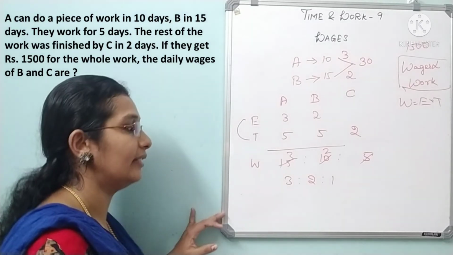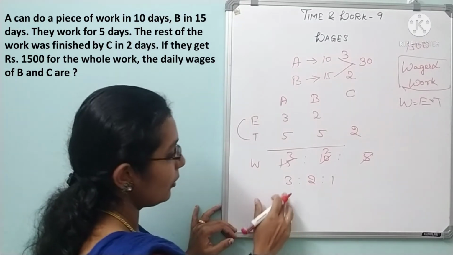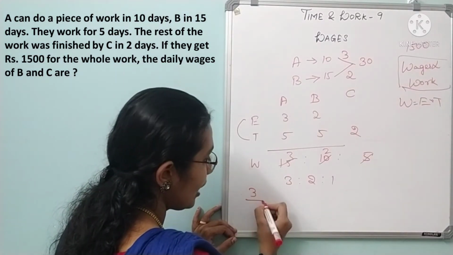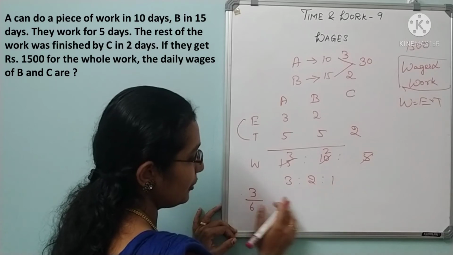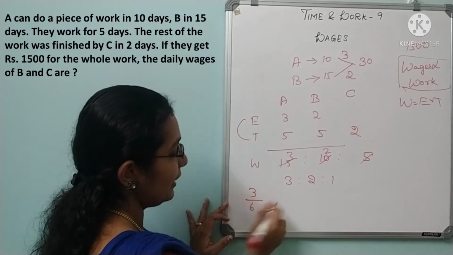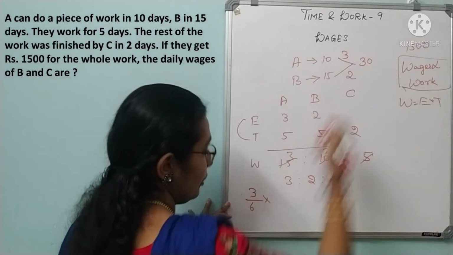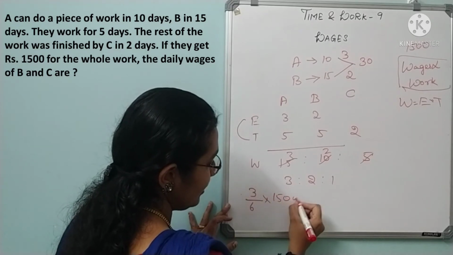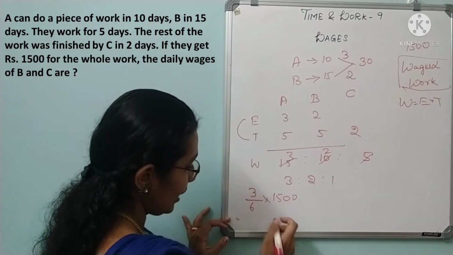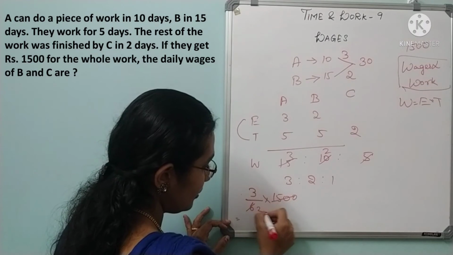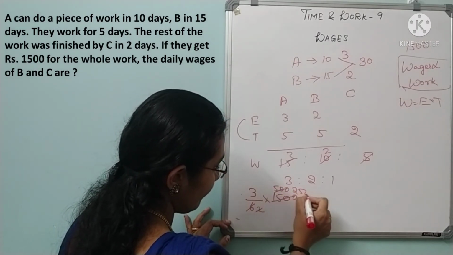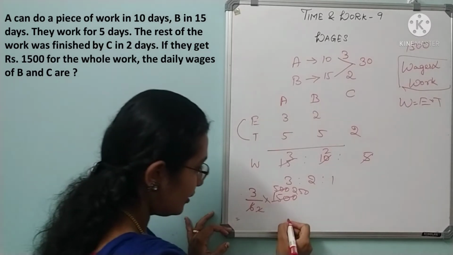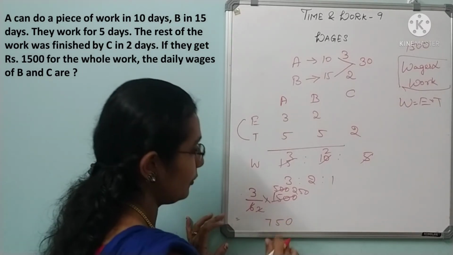Totally 6 portions. In that, 3 units are completed by A and the total amount is 1500. This is nothing but the share of A. Clear? 3 2s are 6, 3 5s are 15, so 750.